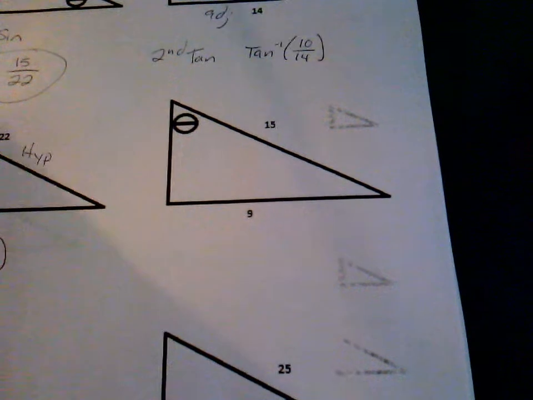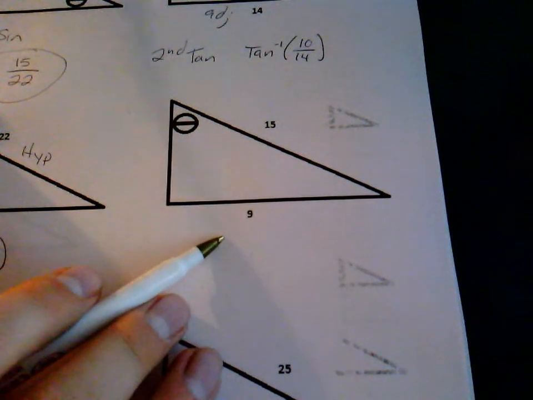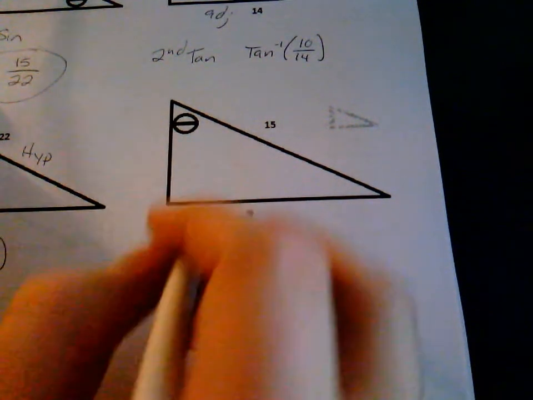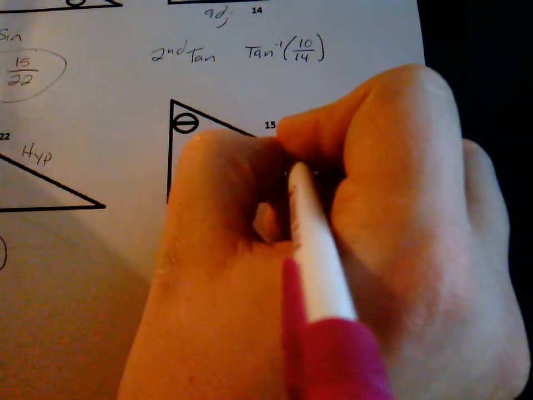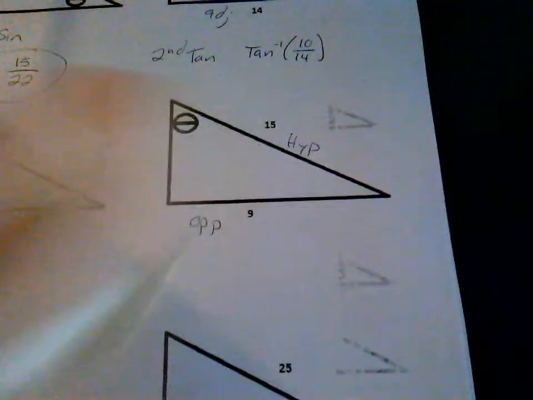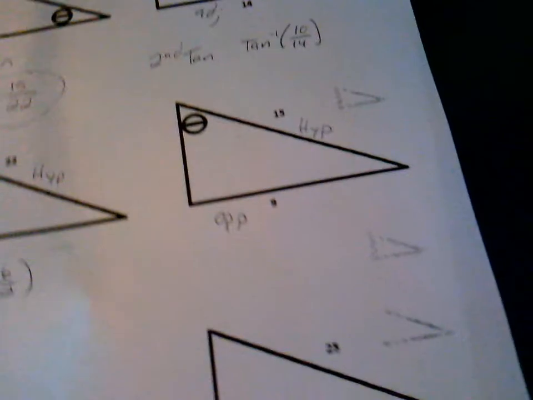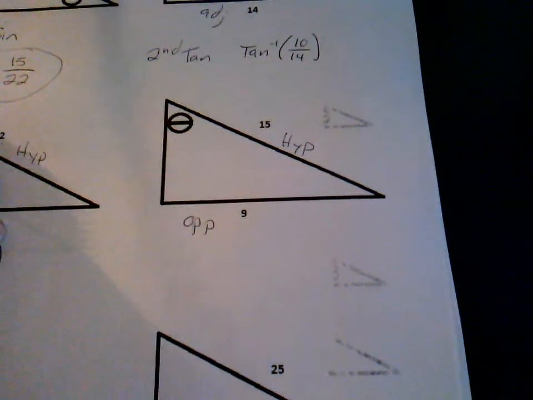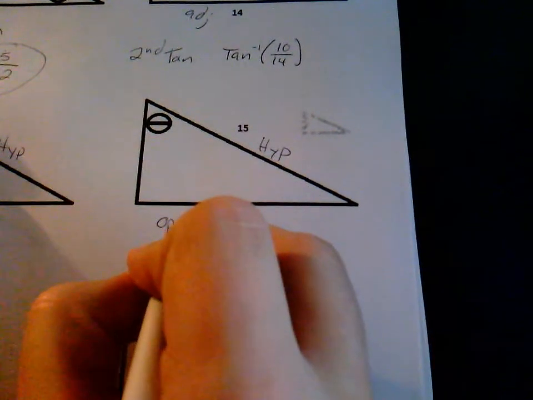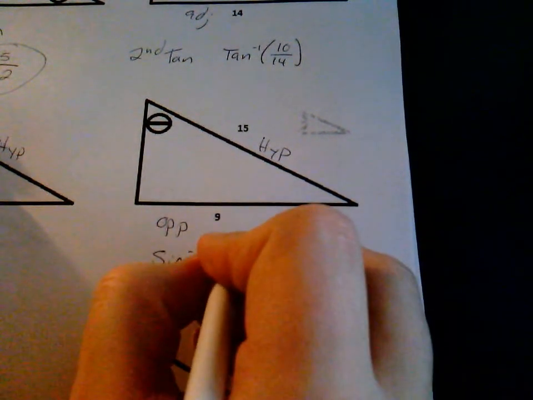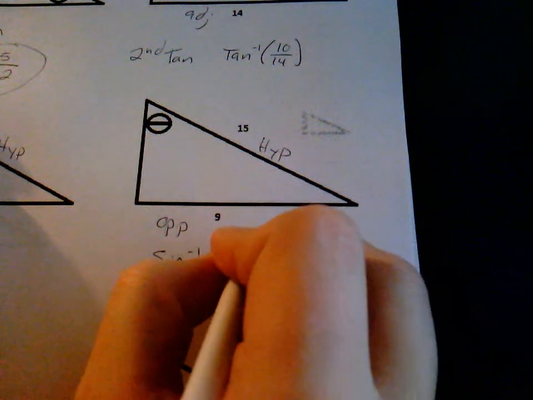This next one, opposite and hypotenuse. Okay, so that's sine, so it's going to be sine -1 of 9 over 15.